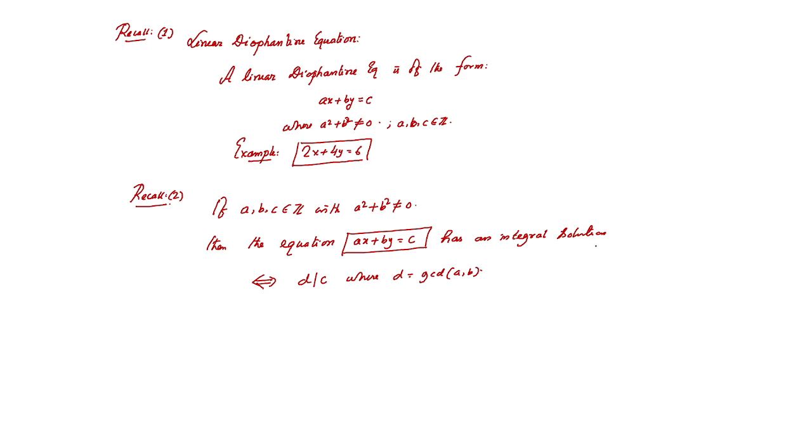Okay. So what will you do? If you are given the linear Diophantine equation in the form ax plus by equals c, where a square plus b square is non-zero and a, b, c are all integers, what do you have to check? Step 1: calculate the GCD of a and b, and call it d.